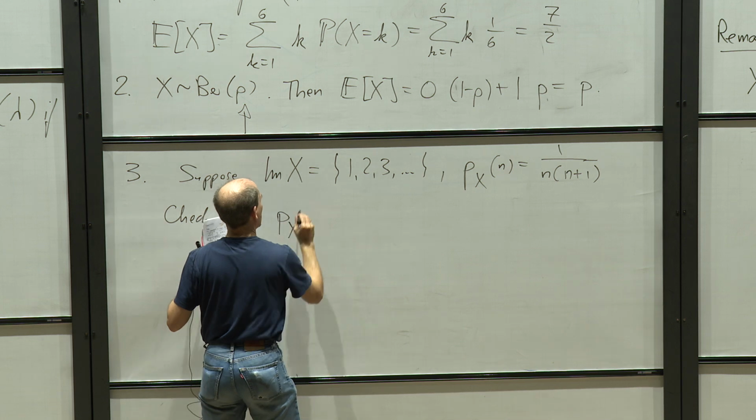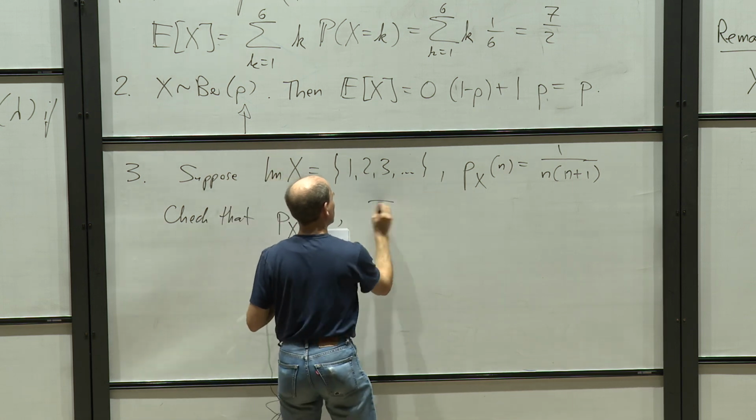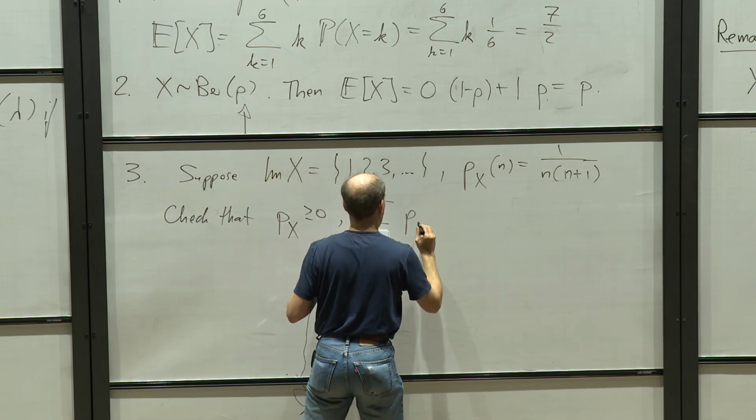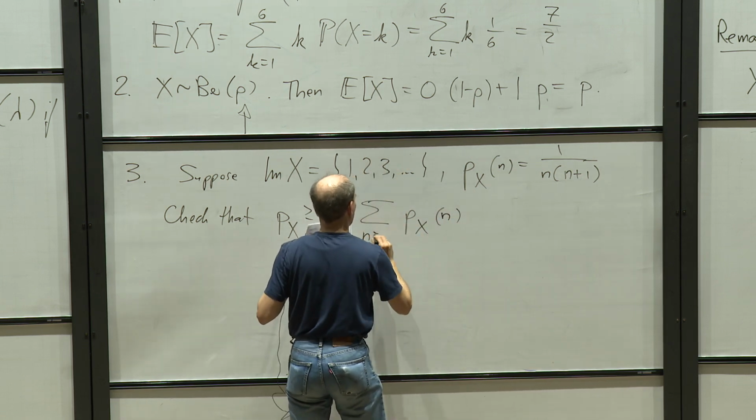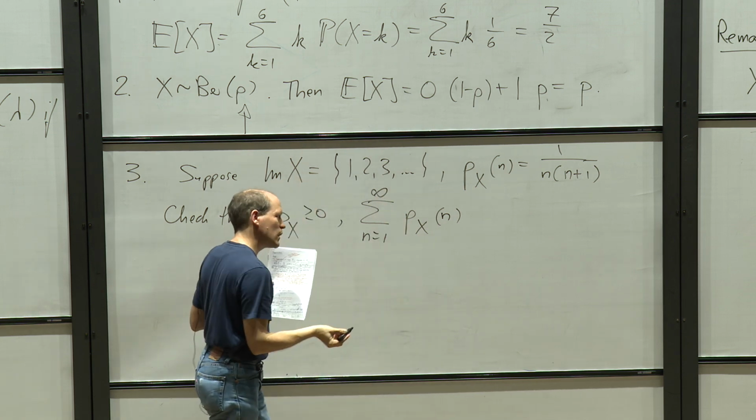So p_X greater than or equal to 0 is OK, but the sum of those p_X(n) for n from 1 up to infinity, is that equal to 1?